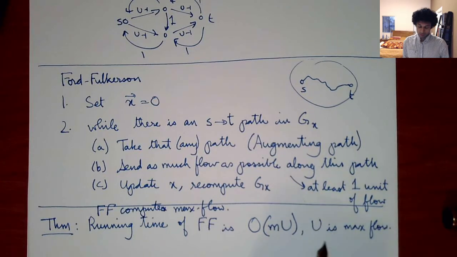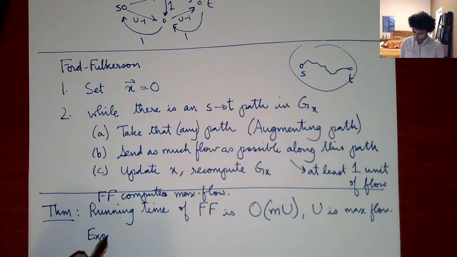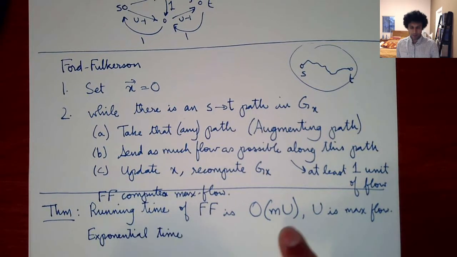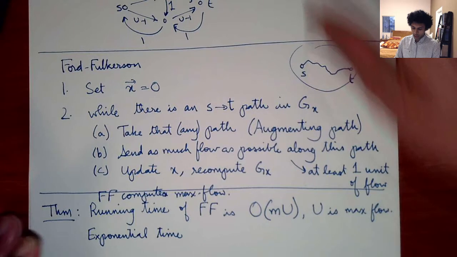So the running time could actually depend on the output, which is really bad. This runs in exponential time, because the representation of u is log u. So this is an exponential time algorithm. And when can this happen? I just showed you an example where that's going to happen.